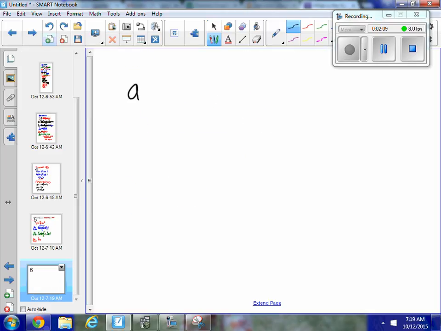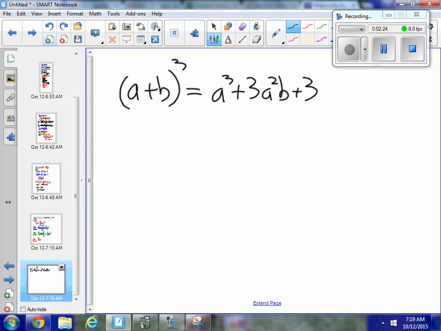If I have a plus b, a binomial, and I'm cubing it, the formula for what that is going to equal is a cubed plus 3a squared b plus 3ab squared plus b cubed. Now, I would probably give you that if you needed to know it.